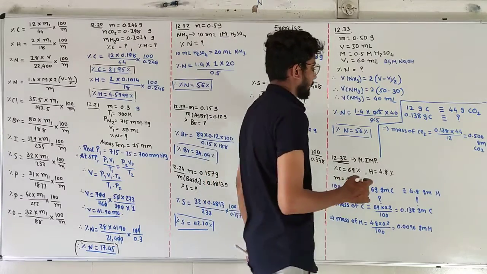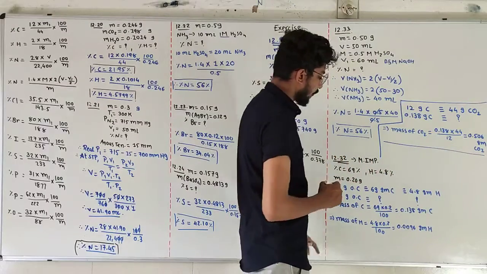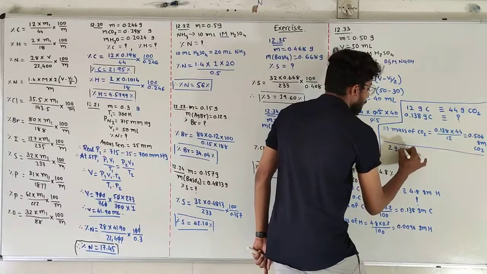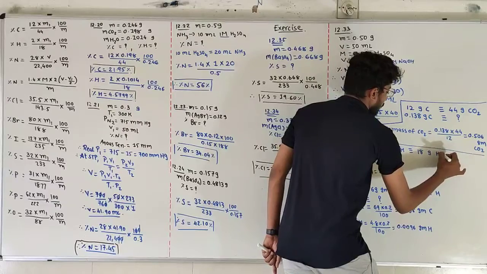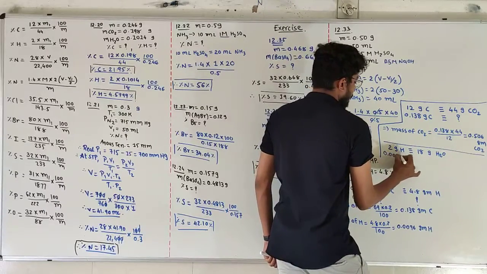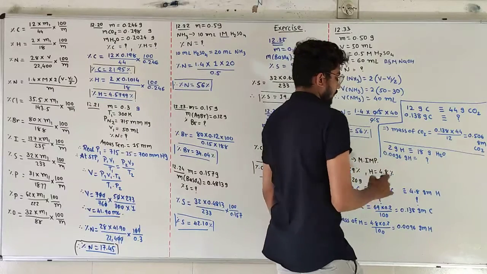will be generated from the organic compound. Likewise, let's calculate the amount of water. So if 2 gram hydrogen can form 18 gram of water, then 0.0096 gram of hydrogen will give me how much water?